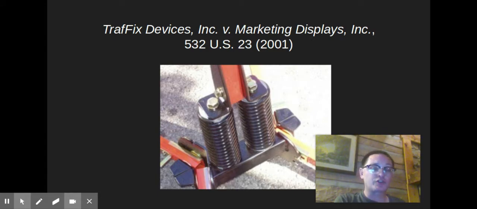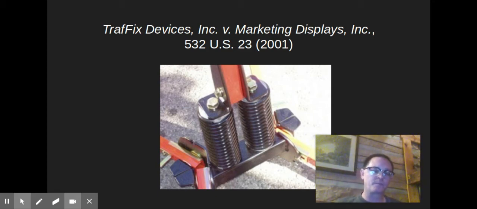Okay, eventually the MDI patent expires, and other companies, including Trafix, one of their competitors, start making similar signs using the same two-spring swinging design that prevents the signs from falling over. And MDI brings a trademark infringement action against Trafix, right?